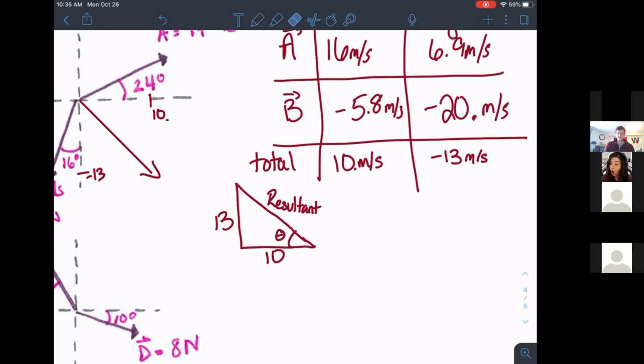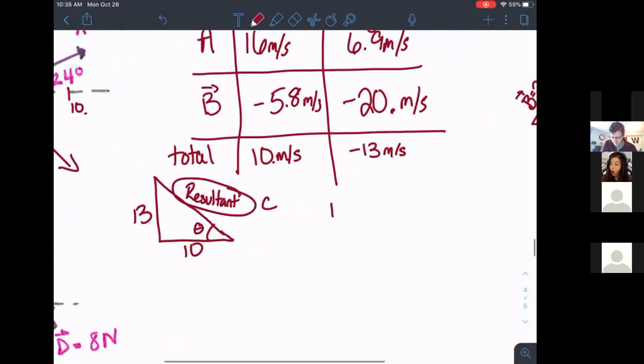All right. So you guys said magnitude first, right? How am I going to find this resultant vector? I'm going to call it C. How am I going to find C? Pythagorean theorem.